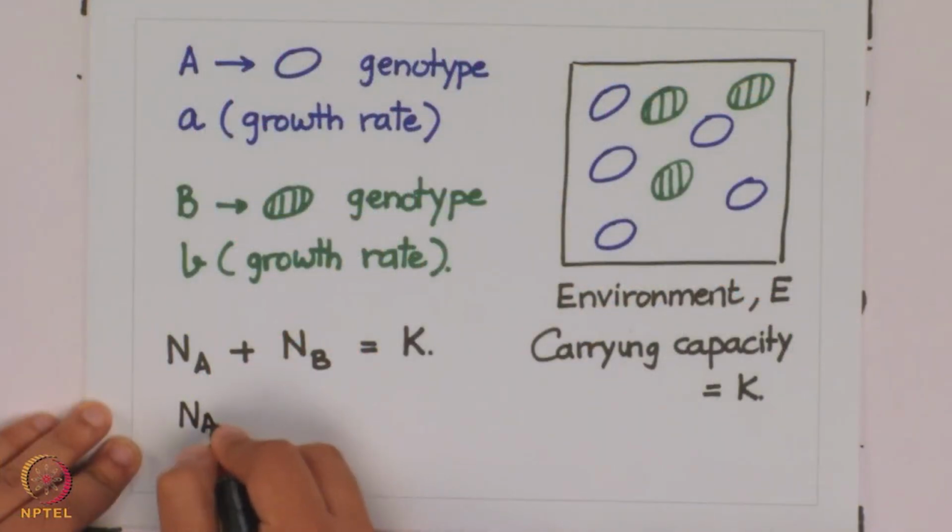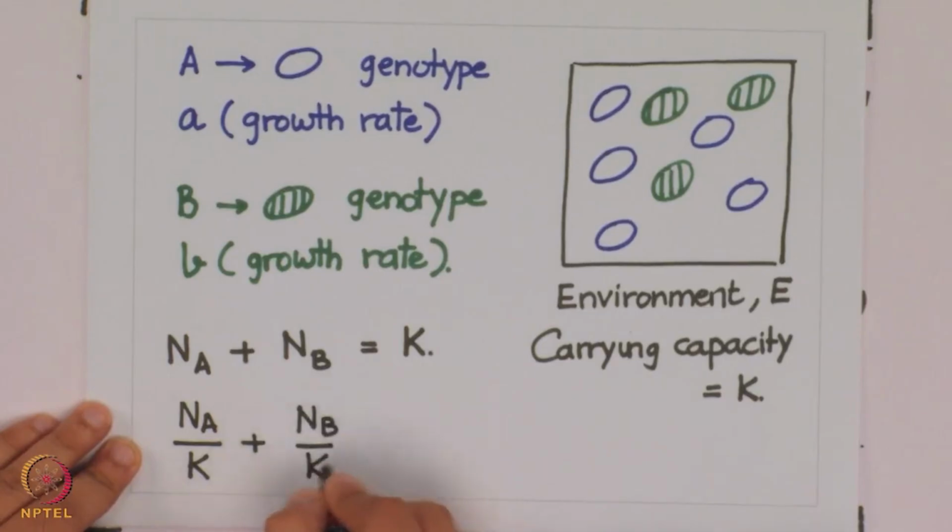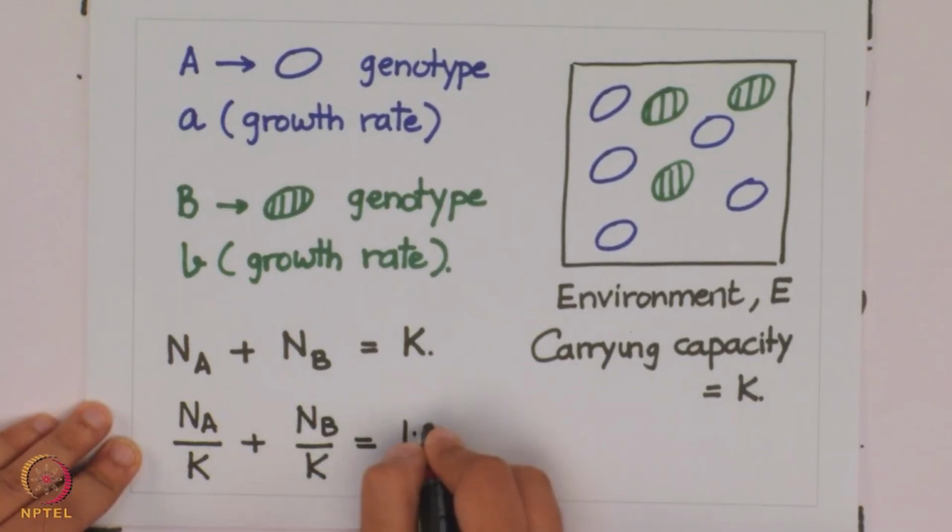And to do that, in this framework, we are not going to talk about numbers of bacteria, but we are going to define two variables: Na by K plus Nb by K equal to 1.